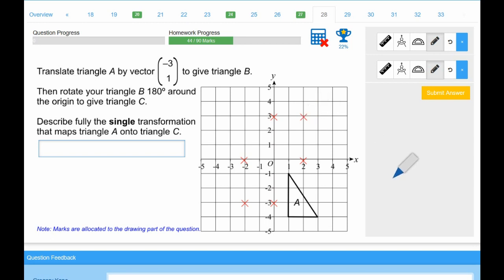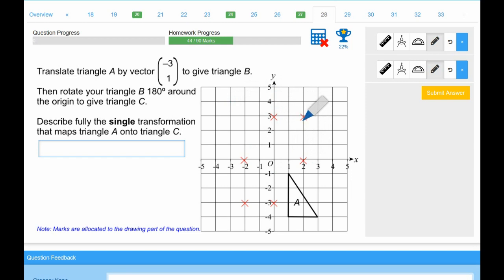So then I'm asked to find a single transformation that will map A onto C. Well, it looks to me like going from here up to here, that's going to be a rotation. We're going to rotate it. It's going to be a rotation probably of 180 degrees.